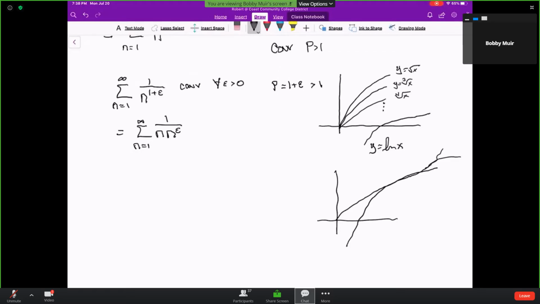The limit as n tends to infinity of the nth root of x turns out to be the natural log of x.